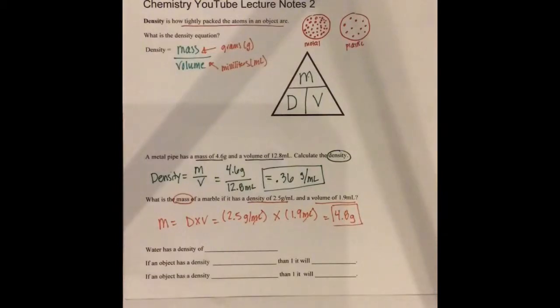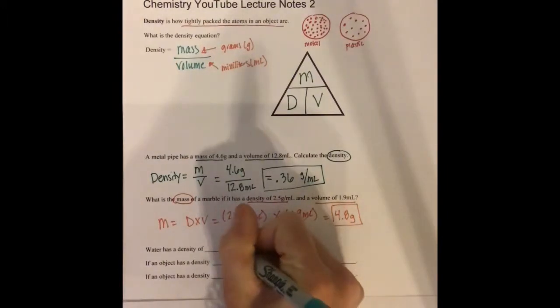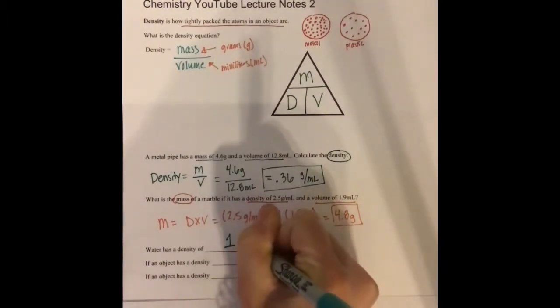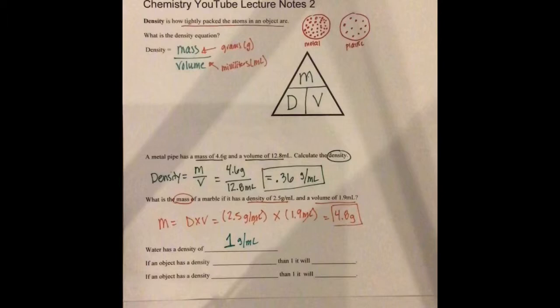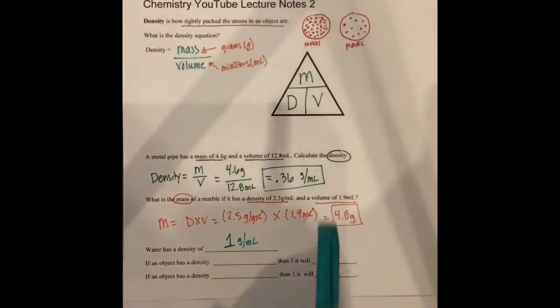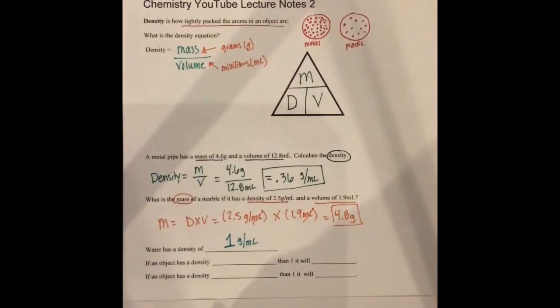One thing that's handy to know is the density of water, because we put a lot of objects in water and we want to know how they relate to water's density. Water has a density of exactly 1 gram per milliliter. So it's pretty easy to relate other objects back to water.